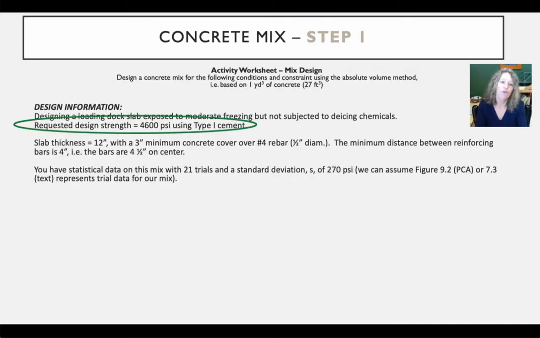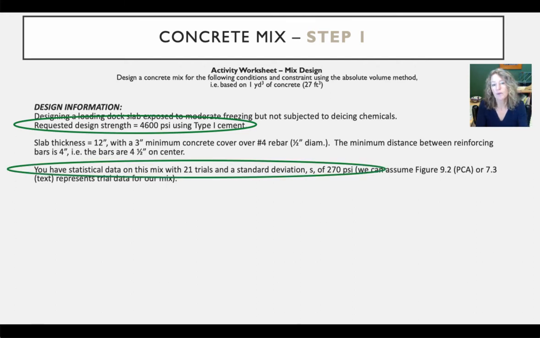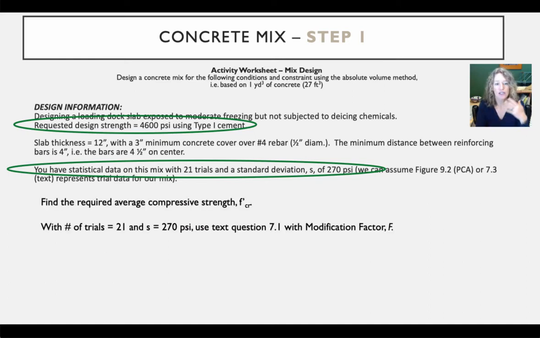So we've said we've got 4,600 PSI, and we have 21 trials with a standard deviation of 270. That means if we look at step 1 in our textbook, we can use equation 7.1, but we have to use a modification factor because we don't have enough trial batches. With 21, we find our modification factor is 1.07.